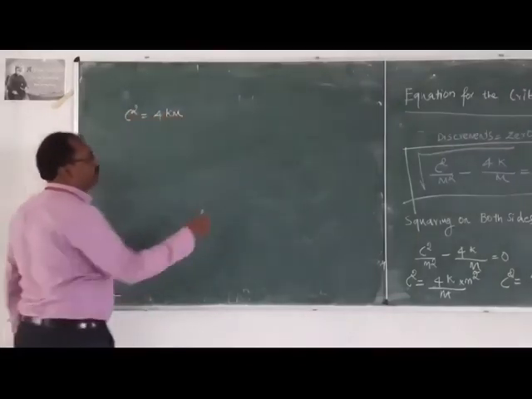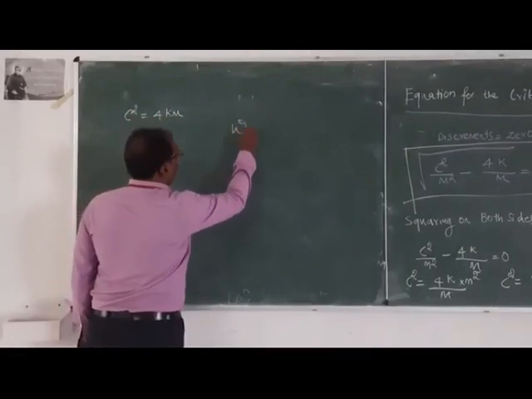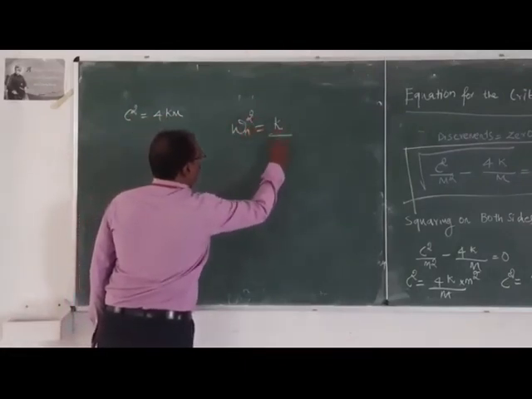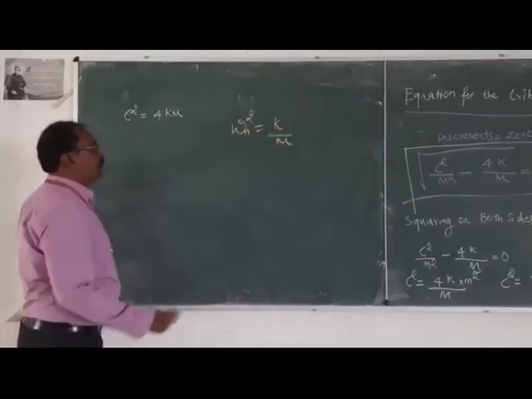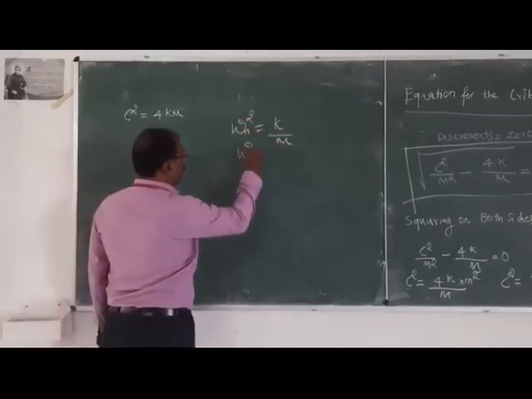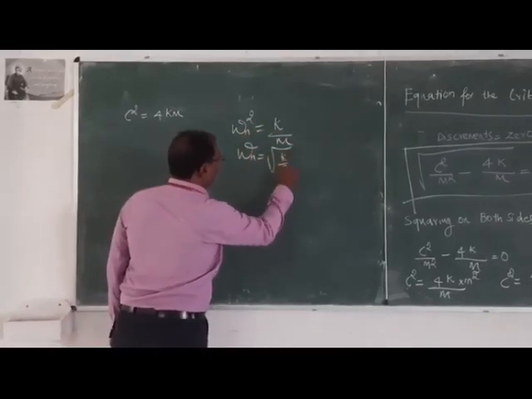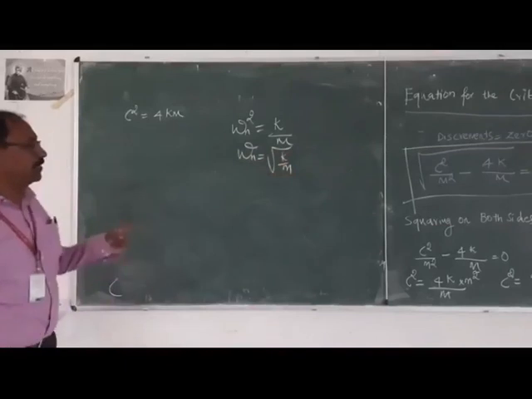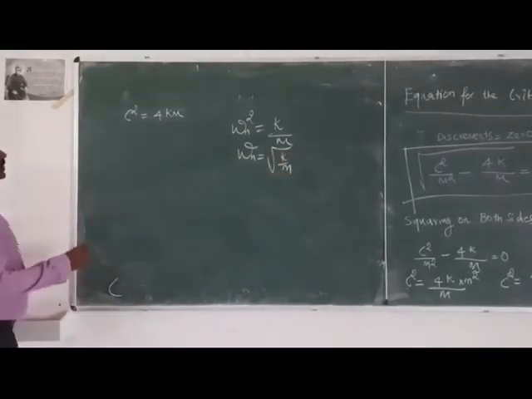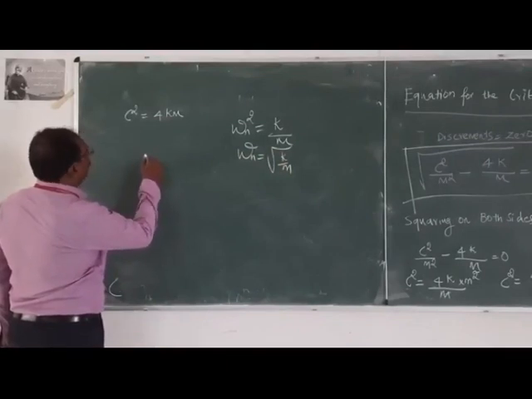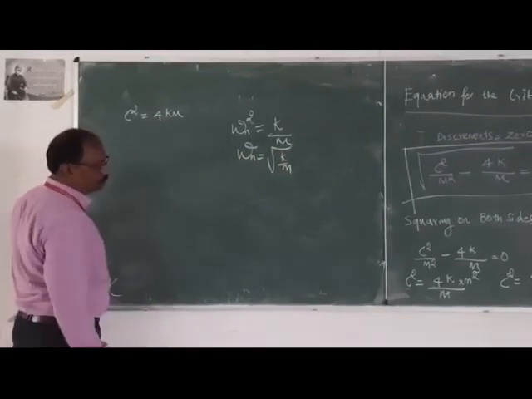We already know that omega n squared is equal to k by m, where omega n is root of k by m. In a previous problem we already solved this, so we will see one by one.